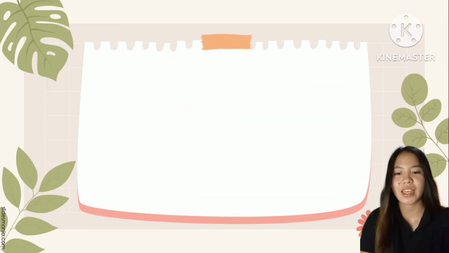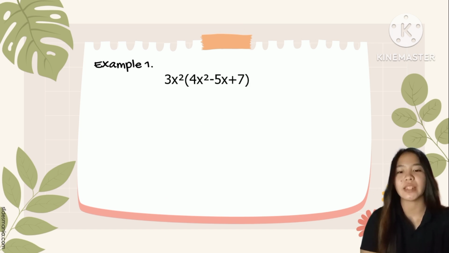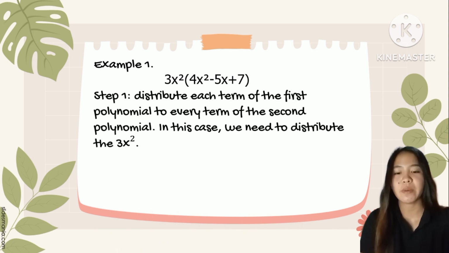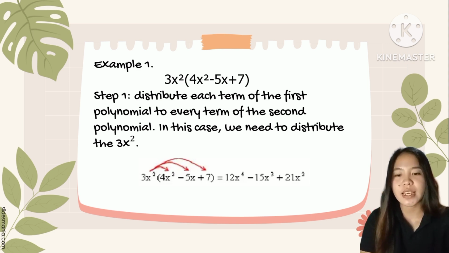Okay, let's have an example. We have 3x squared times the quantity 4x squared minus 5x plus 7. Step 1, distribute each term of the first polynomial to every term of the second polynomial. In this case, we need to distribute the 3x squared to the given. First, we multiply 3x squared by 4x squared.